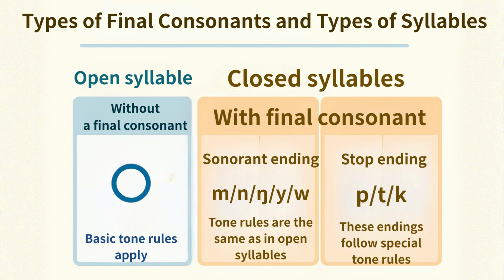The first type is the sonorant ending, which ends with sounds like m, n, ng, y, or w. These follow almost the same tone rules as open syllables. The second type is the stop ending, which ends with p, t, or k, and these follow special tone rules. So, the presence and type of the final consonant is an important factor in determining the tone.